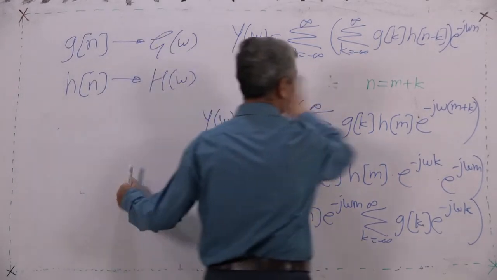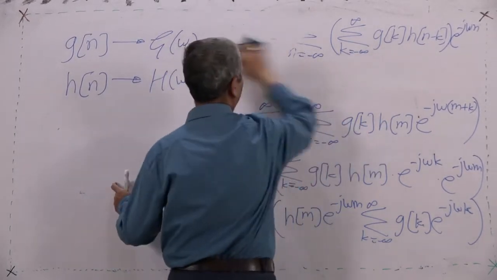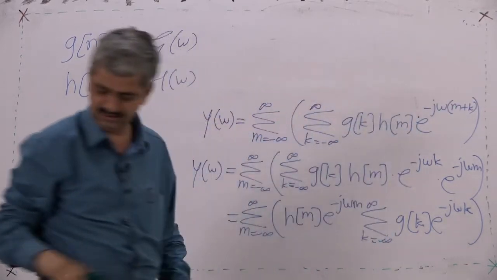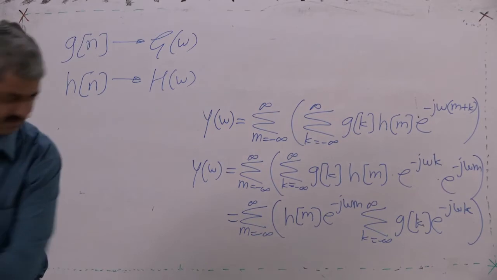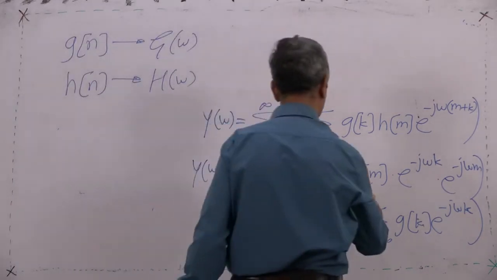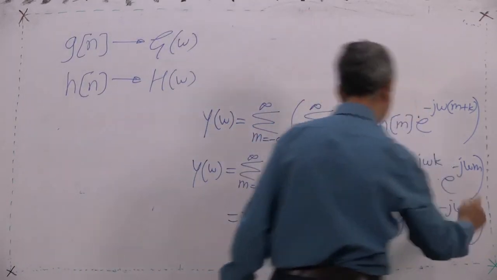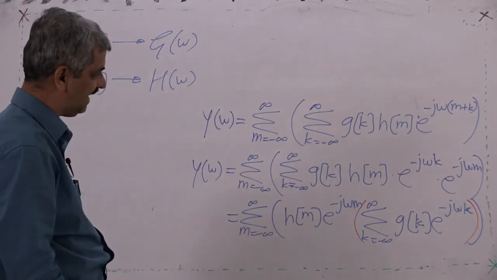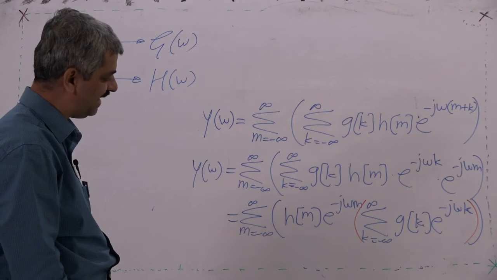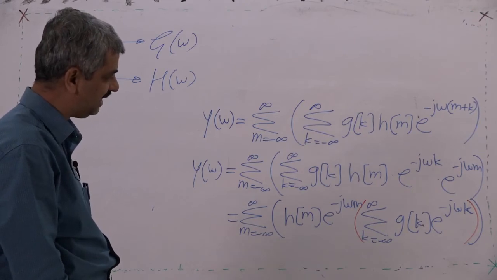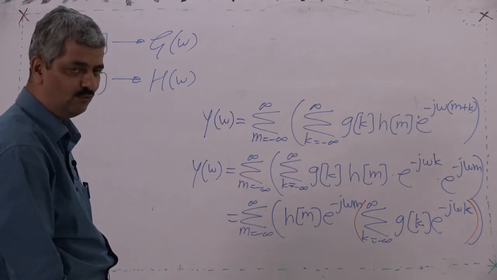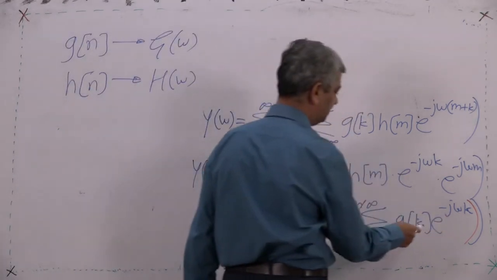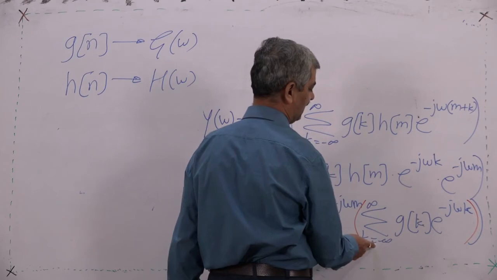So now what can we look at? We can look at the big expression where I will have another separate bracket, internal bracket. The thing in the red bracket is what? A sequence over k multiplied by weights of e raised to minus j omega k summed over entire k. Weighted sum of the given sequence over entire range.